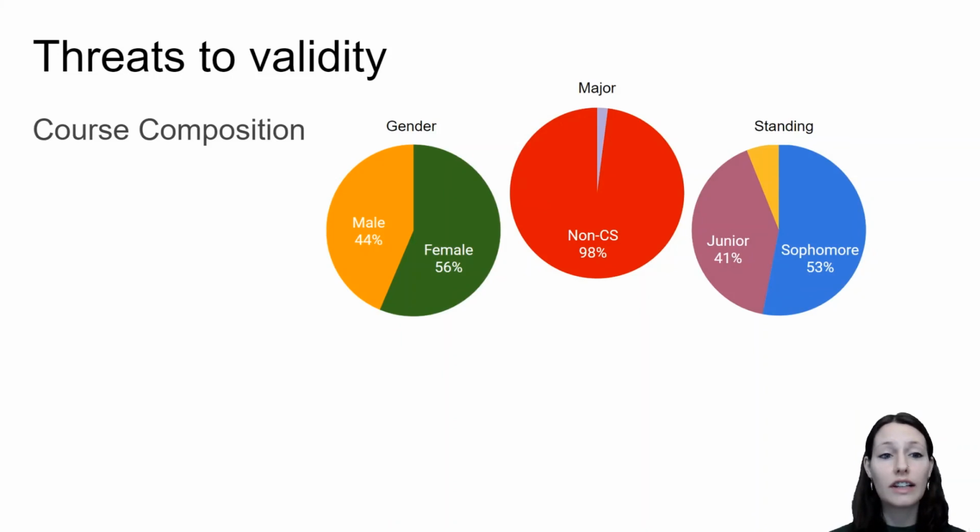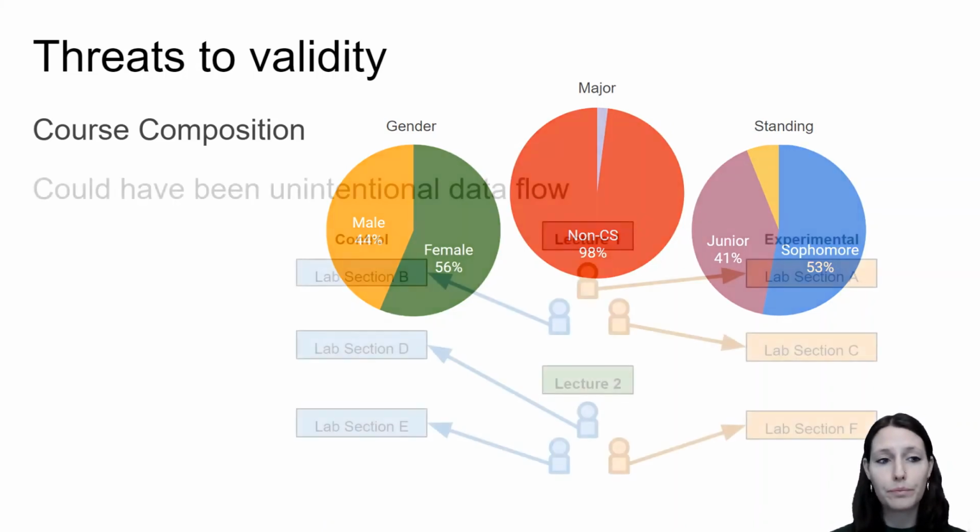Now, our threats to validity include several factors, including course composition. Our course is not representative of typical CS1 courses. We had more female students than male students. The majority of our students were not computer science majors, and the majority of our students were junior and sophomore standing rather than freshmen.